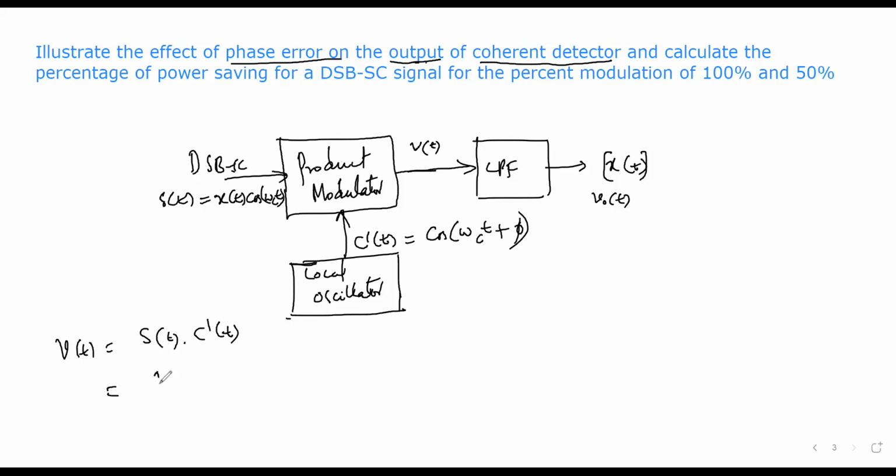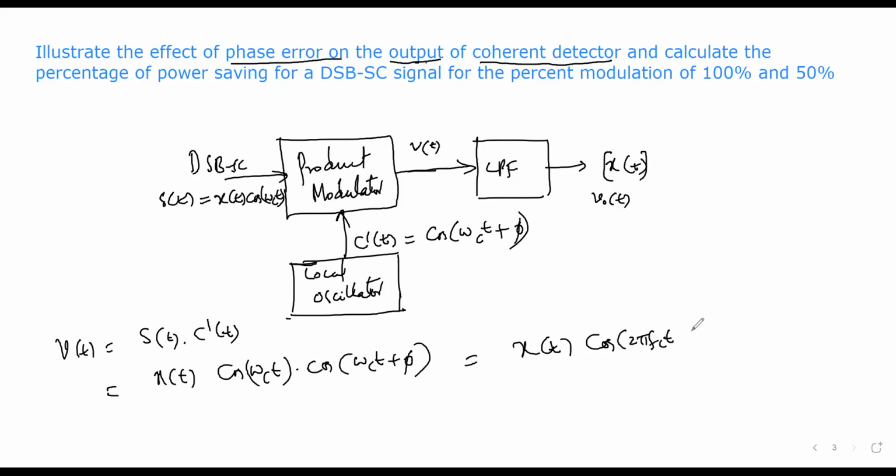And we know that s of t is x of t cos omega ct, multiplied by cos omega ct plus phi. In other terms, we can also write this as 2 pi fct. So we'll write that here itself: x of t cos 2 pi fct multiplied by cos 2 pi fct plus phi.